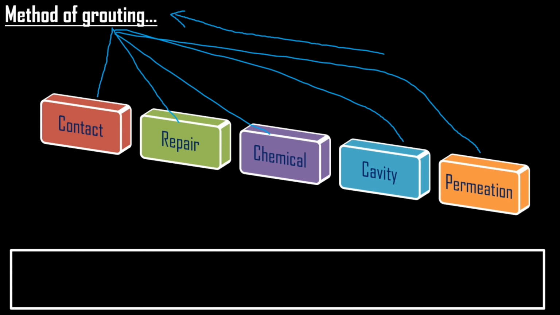Contact grouting means I directly contact my soil. Repair grouting means I need to repair. Chemical grouting means I use different types of chemicals. Cavity grouting is when I establish a cavity in my soil or in my building, and for that I provide grouting. The last one is permeation grouting, which means the issue is addressed with the help of permeable grouting. So these are the different methods that can be used for the grouting process.